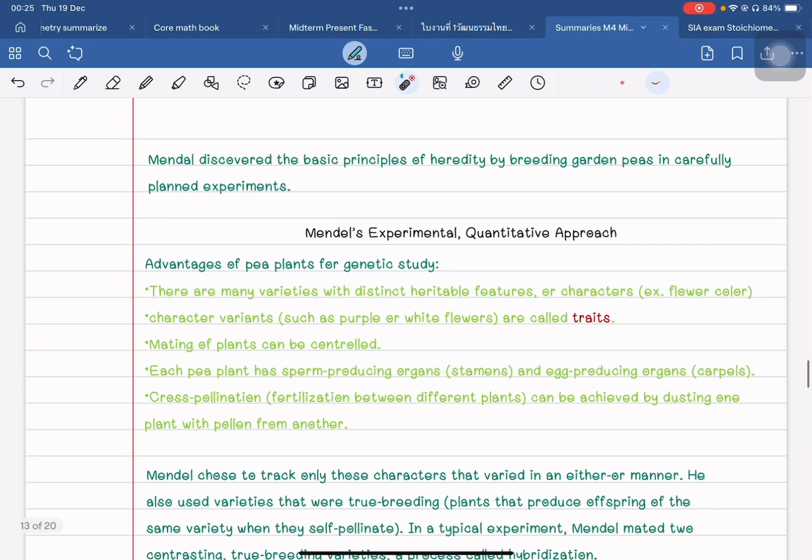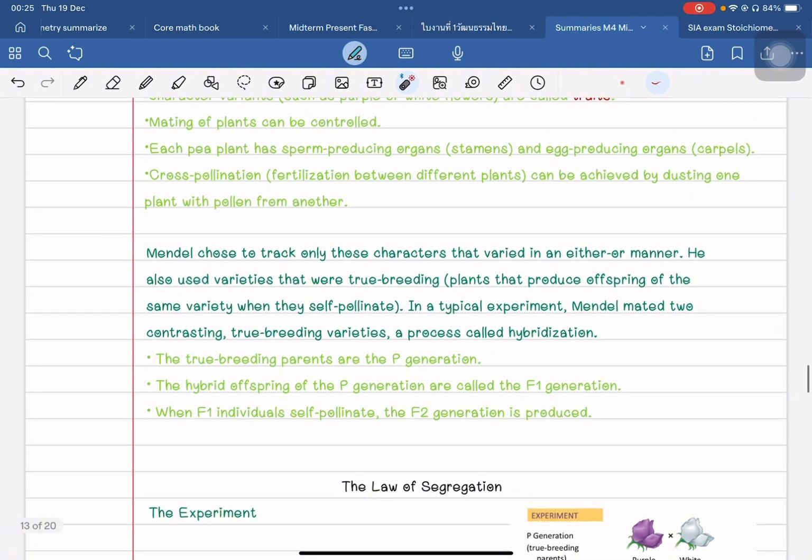Cross-pollination is the fertilization between different plants. Mendel chose to track only those characters that varied in an either-or manner. He also used varieties that were true-breeding, which are plants that produce offspring of the same variety when they self-pollinate.